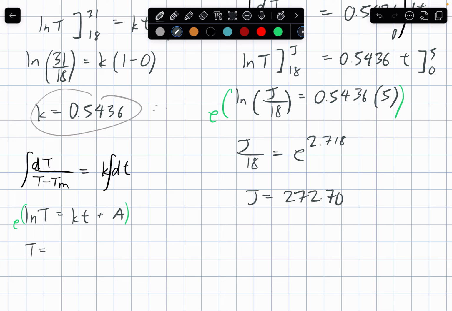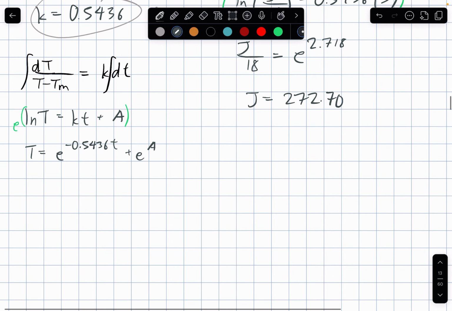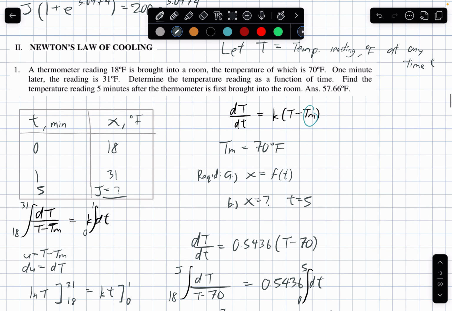So T is equal to e raised to k, which is 0.5436 times t, plus e raised to a. This is supposedly the answer, no, to expressing x as a function of time.